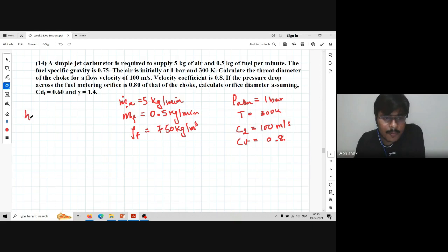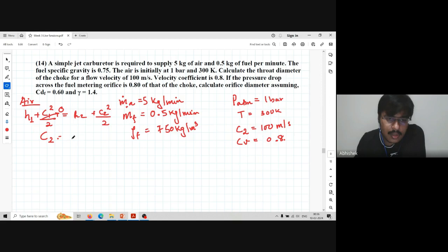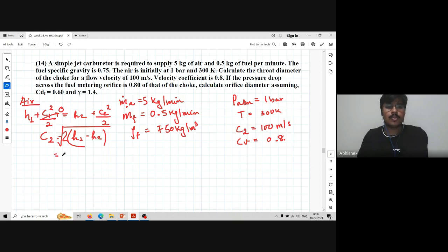I don't remember the formula, so directly I will put H1 plus C1 square by 2 for air is equal to H2 plus C2 square by 2. C1 is 0, so C2 is root over H1 minus H2 into 2. If you remember the formula, then you don't need to write so much.